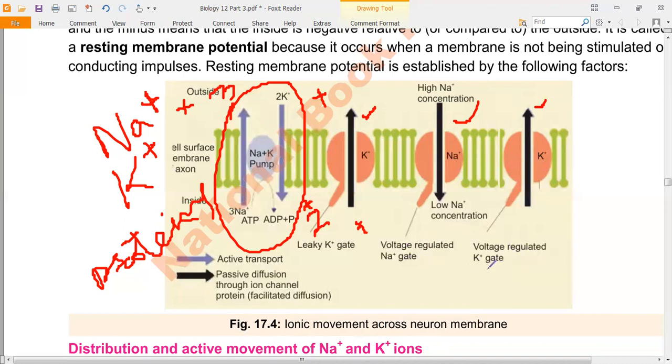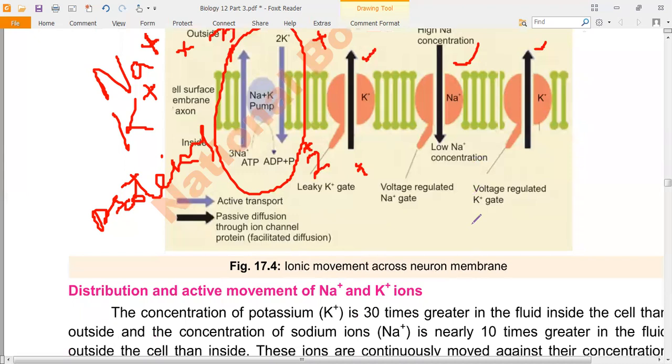These voltage regulated gates open and close when there is a stimulus. In the normal condition, when there is resting membrane potential, these gates are closed. To open them, they need some voltage, some energy, which they get from the stimulus given to the neuron.